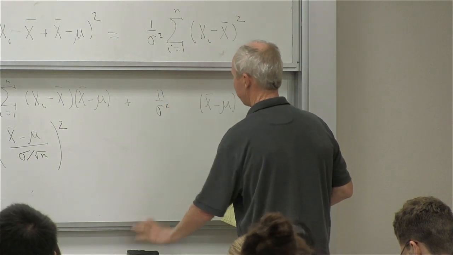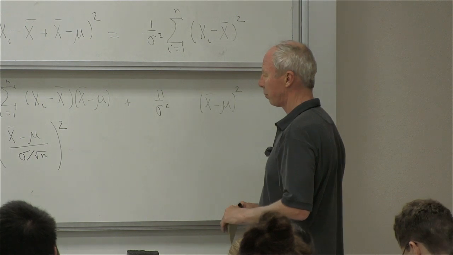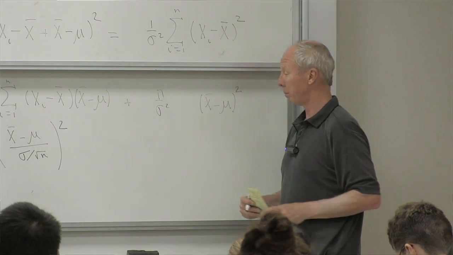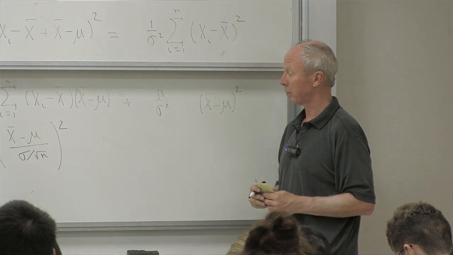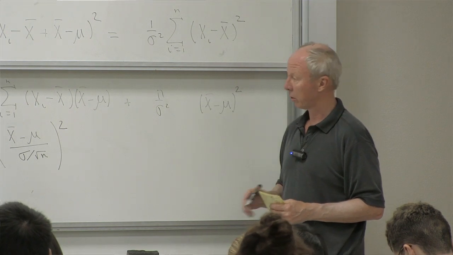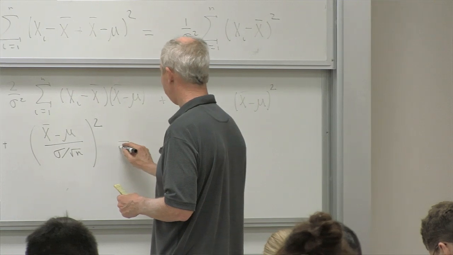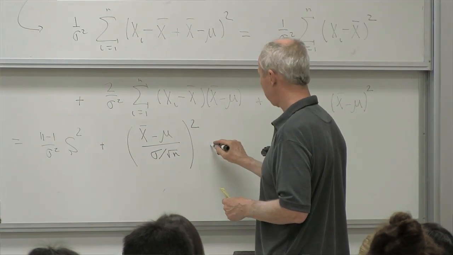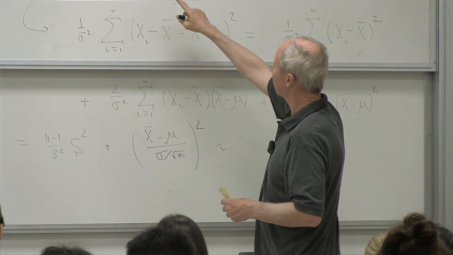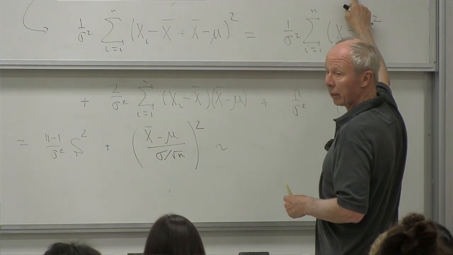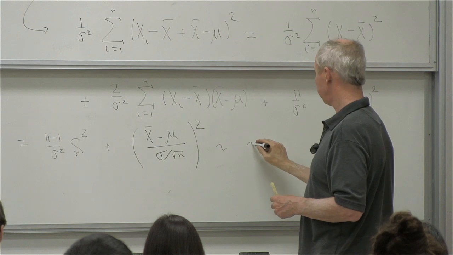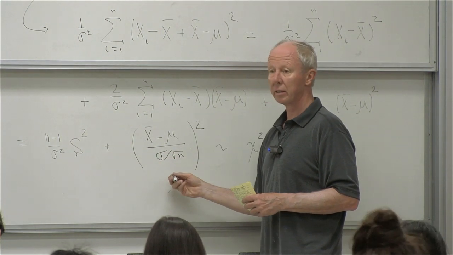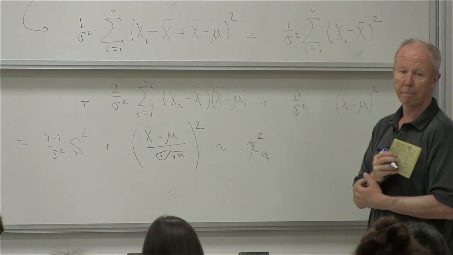I'm going to put this inside the square, so I have to take the square root when I put it inside. What's the distribution of this sum here? It's what we started with, chi squared with n degrees of freedom. So this plus this is chi squared with n degrees of freedom.